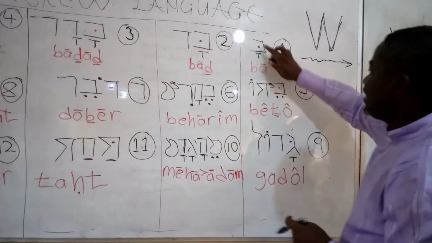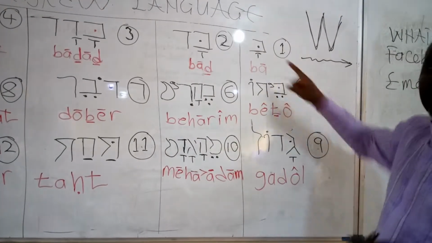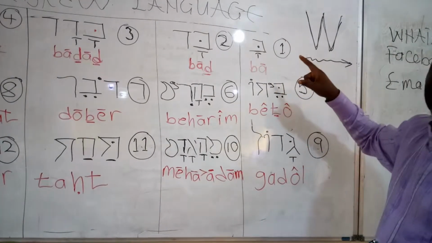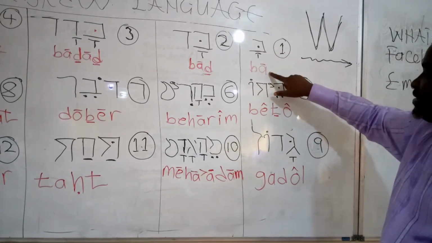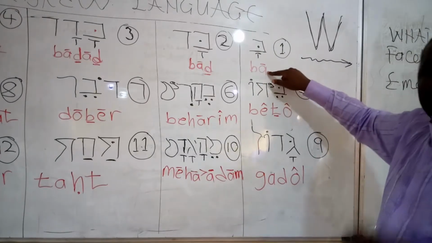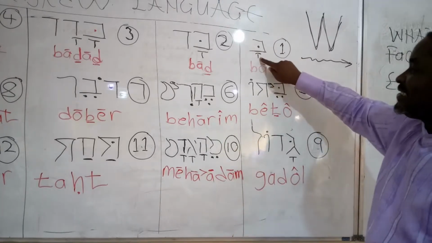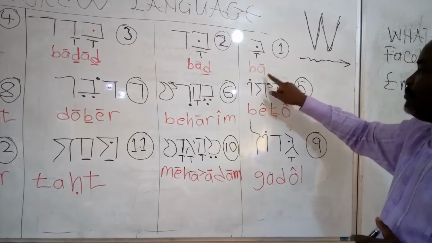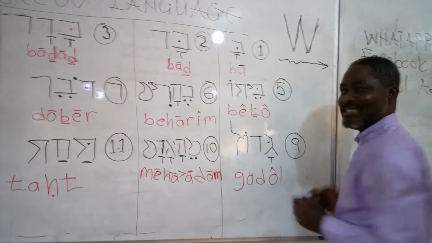You have bet with a dot inside that adds the sound, so the bet is B. Then you have kamets, which is an A. Now it is a long A, because you have both short vowels and long vowels. There must be a sign on top of it to show that it is long.